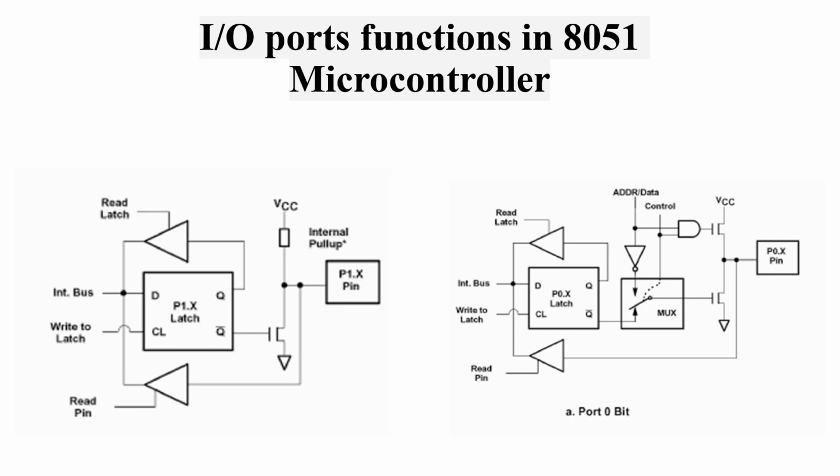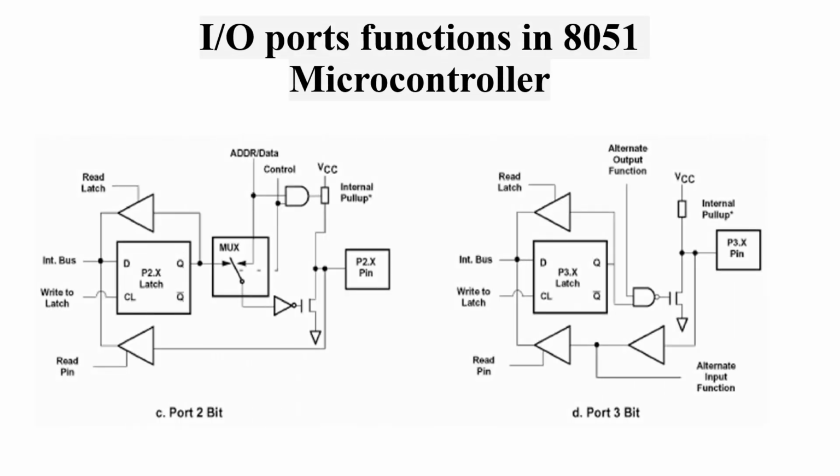Moving on to port 2 and port 3. You can see the diagram for port 2 and port 3. It is almost the same as your port 0. Port 2 functions as an 8-bit input output port. It also shares the upper bits, that is, 2.0 to 2.7.